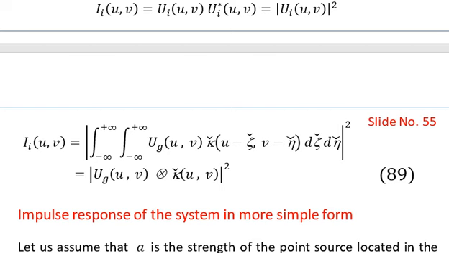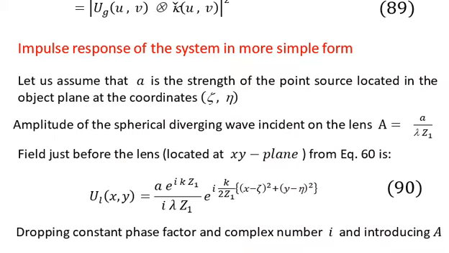So the intensity on the left hand side is equal to the absolute square of the integral described above, and also the absolute square of the convolution between u_g and kappa, the impulse response of the system, in a more simple form.